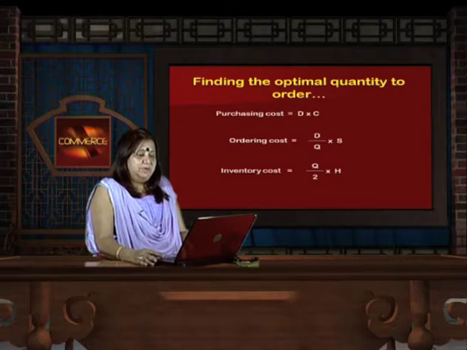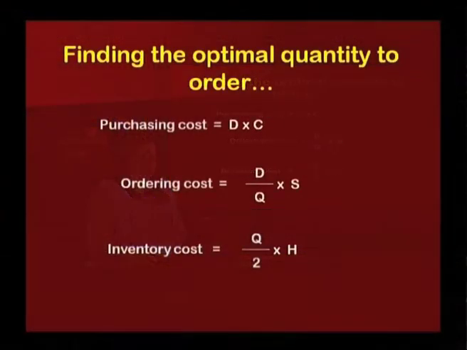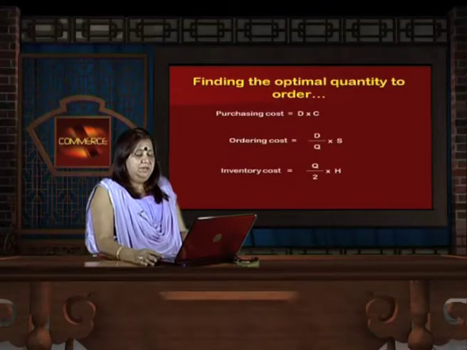Finding the optimal quantity to order: purchasing cost is equal to D into C, ordering cost is D upon Q into S, and inventory cost is Q upon 2 into H. H is the holding cost, Q is the order quantity, and D is the demand.